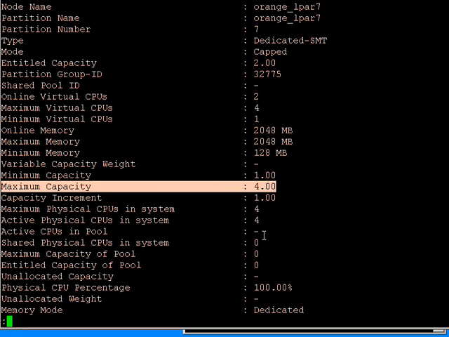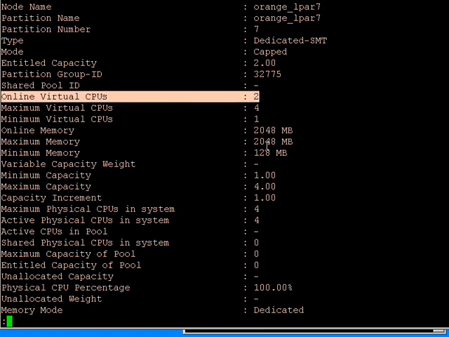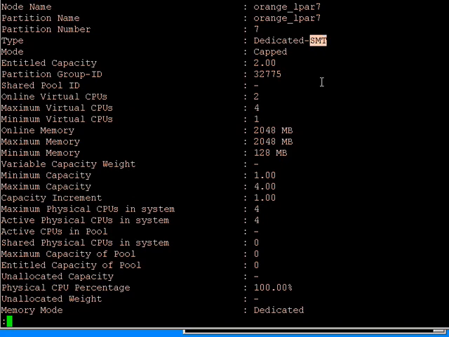So there's some 4s in here, and again that can confuse people. They start thinking that they actually have 4 CPUs. So it's this line here that tells us that we have 2 CPUs and SMT is switched on.